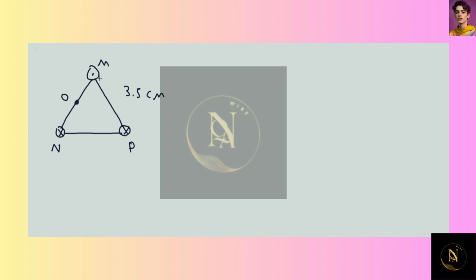So wires M and N, they all carry the same current, 8 amps. Wires M and N are the same distance away from point O, so they must produce the same magnetic field at that point. So we can say the magnetic field from M is just going to equal that of N, at least the magnitudes. We haven't really thought about direction yet. The magnetic field from a wire is just mu naught over 2 pi times I, and then over the distance to that point.